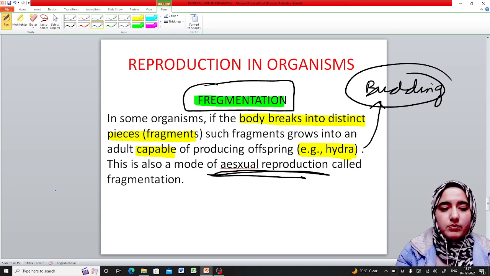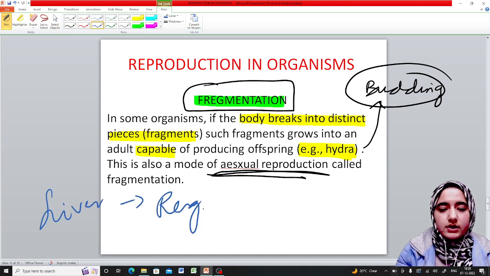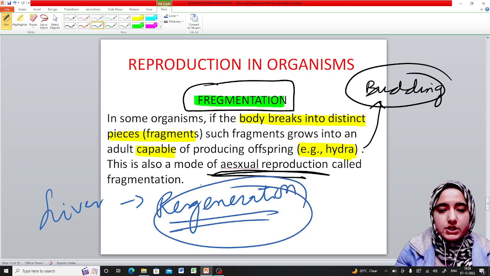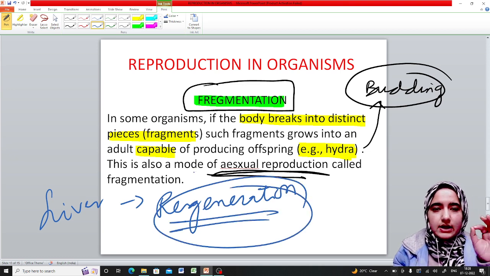Moreover, inside our body, the liver has the property of regeneration. If somebody has any disease of the liver, the liver can regenerate its part.